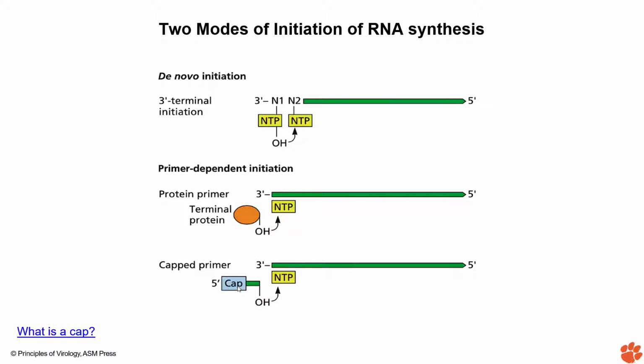You have a guanosine and adenine structure in there, and you can go to the wiki link right here and take a look at it. It's not needed here, but the cap is a special structure which is read by the ribosome to recognize that this is an mRNA. That is the function of the cap. It can also act as a primer, and you just incorporate NTPs. So a capped primer or a terminal protein, these are the two mechanisms of primer-dependent initiation.